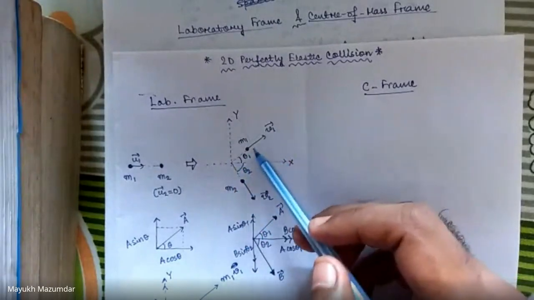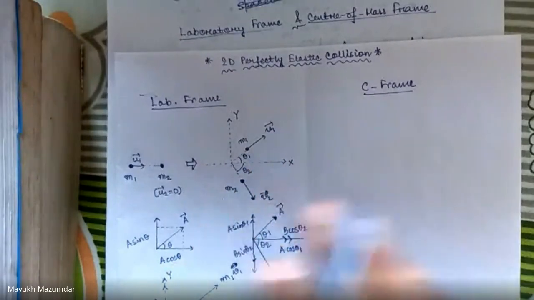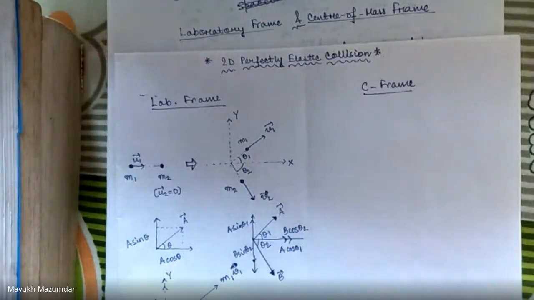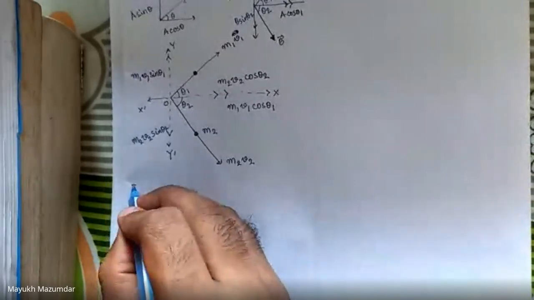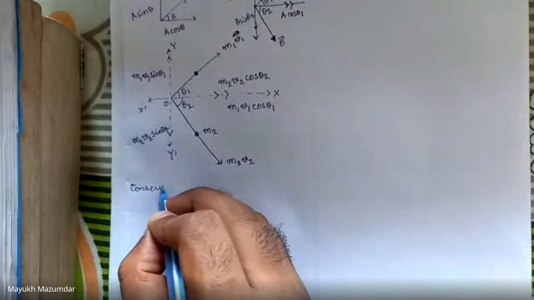It would always be wise to consider everything in terms of one single direction. Then it would be easier for us. Then we'll simply add or subtract. If it is along the same direction, we add. If it is along the opposite direction, we simply subtract. So now we'll write the conservation of momentum conditions.